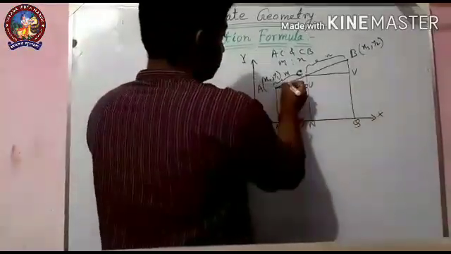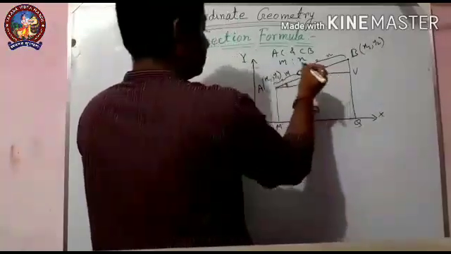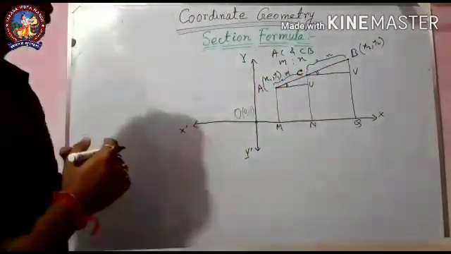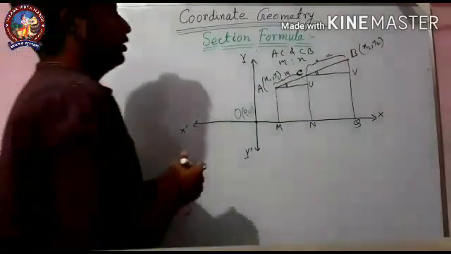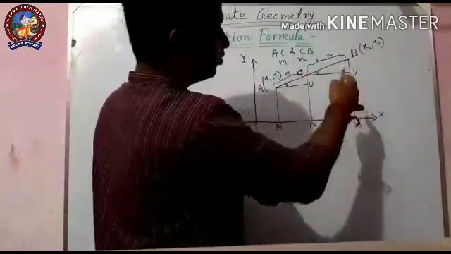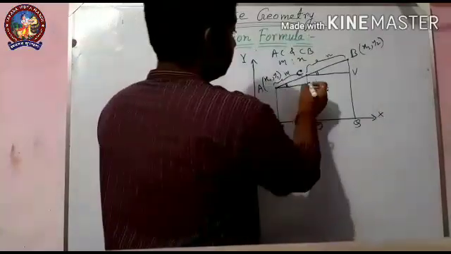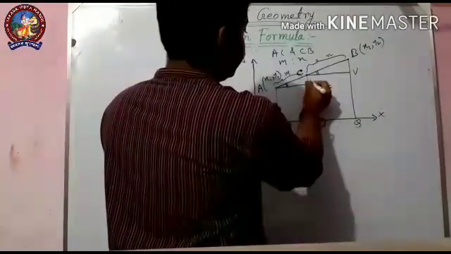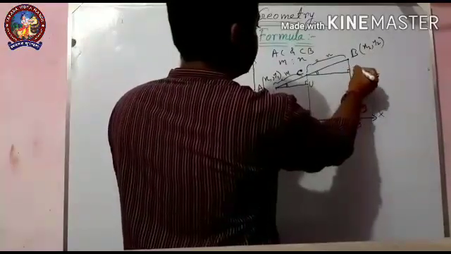So this angle and this angle are corresponding angles, so they will be equal, and the line segment CN and the line segment BQ are perpendiculars on the x-axis. So this is 90 degrees, a right angle, and this is also a 90 degree right angle.